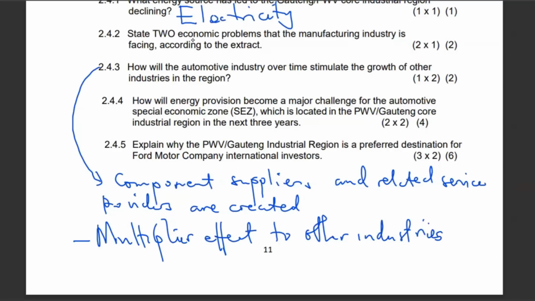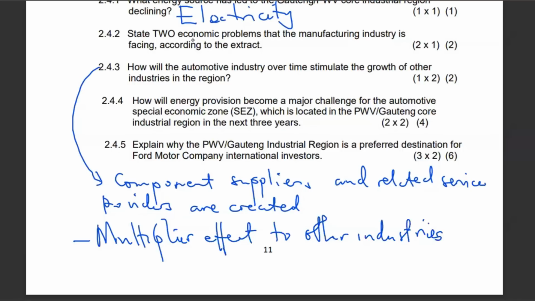If people are working in the automotive industry, they are going to earn money. And that money, they are going to use it on other services or other goods. They're going to use the money to buy from other suppliers. They need basic provisions like food. They are going to buy. And as a result of increased demand, they are also going to grow the other businesses where they spend their money on. So that is a multiplier effect.